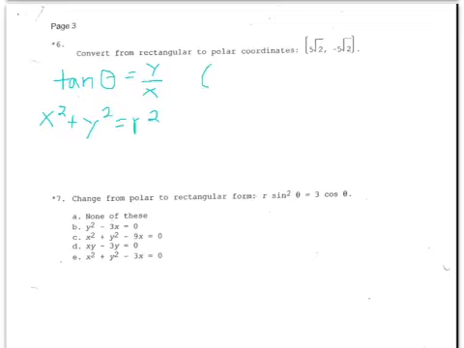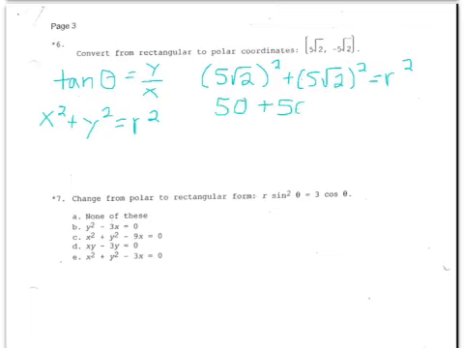So we want to do 5√2 squared plus -5√2 squared equals r squared. So let's see, that would be 25 times 2, so 50 plus 50 equals r squared. So r is going to equal 10.